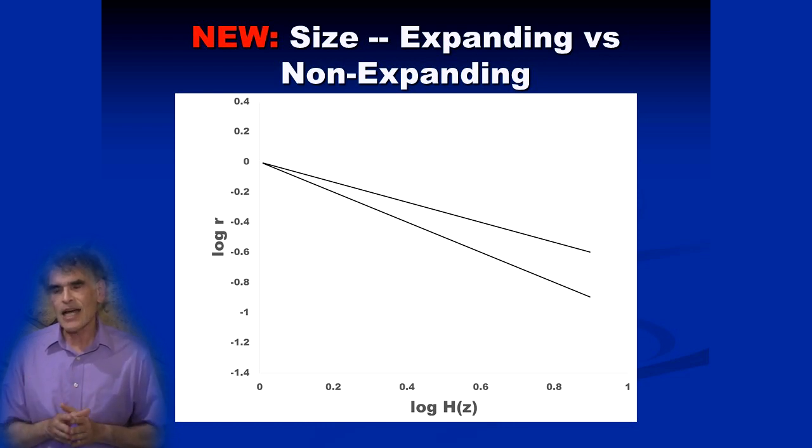And these black lines show the theoretical prediction, which is anywhere between a slope of 2/3 and a slope of unity of the logarithm of the size, which is plotted against the logarithm of H(z). Now, how does the data we just saw stack up against that when it's translated into the expanding universe model?